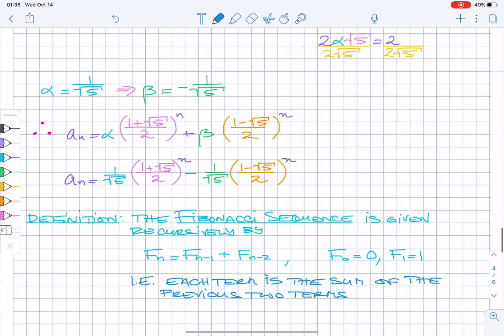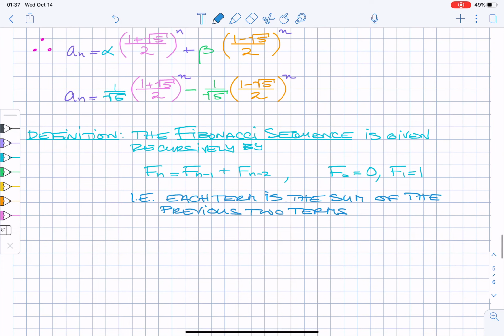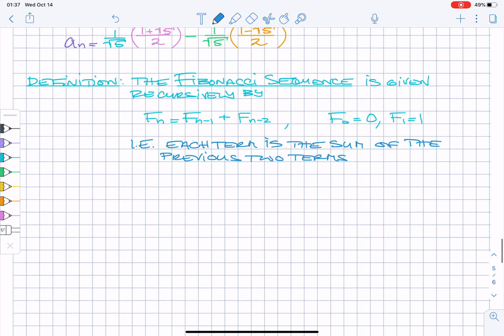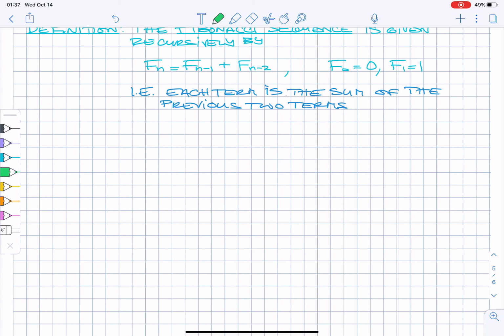But look at how crazy complicated that is. If only there was an easier way. Well, there is actually. I can just say it as a note: 1 plus the square root of 5 all over 2 is equal to phi, the golden ratio.